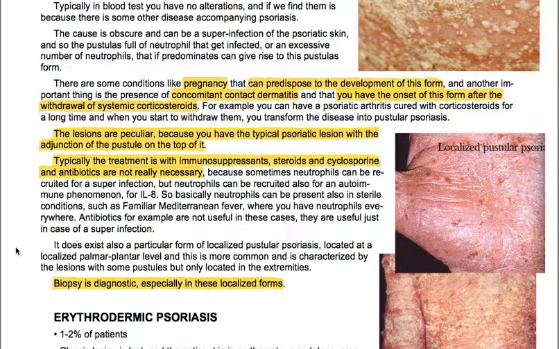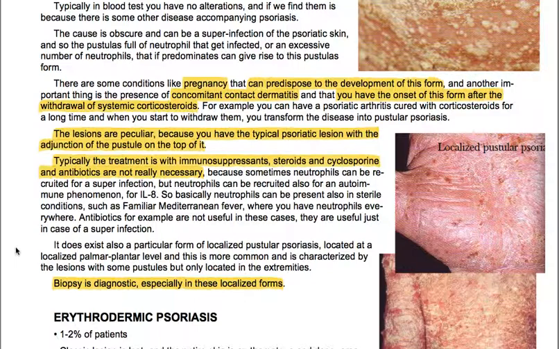So basically, neutrophils can be present also in sterile conditions, such as familial Mediterranean fever, where you have neutrophils everywhere. Antibiotics, for example, are not useful in these cases. They are useful just in case of a superinfection.